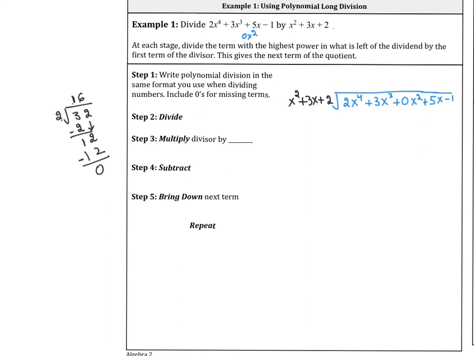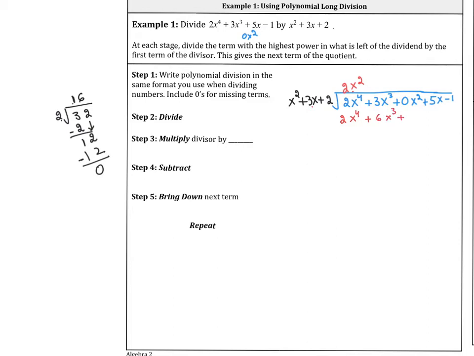So I'm going to multiply this by 2x squared. When I multiply this whole thing by 2x squared, 2x squared times x squared would be 2x^4. 2x squared times 3x would be 6x cubed.